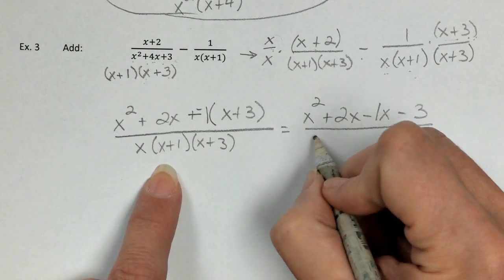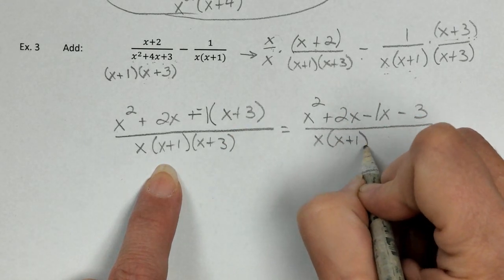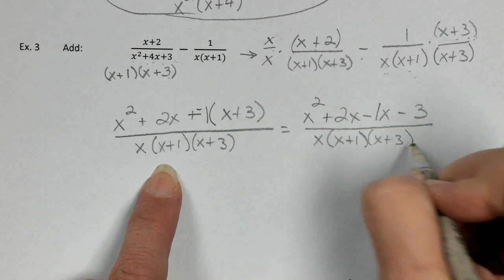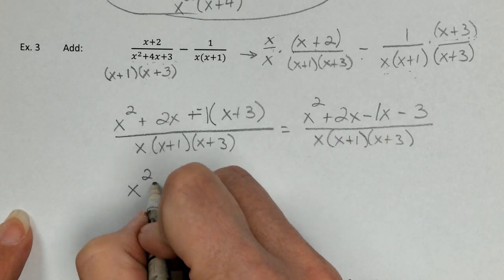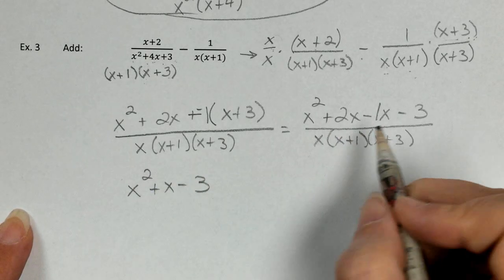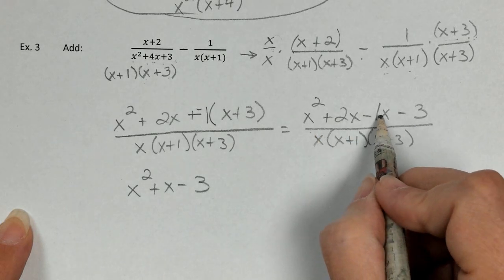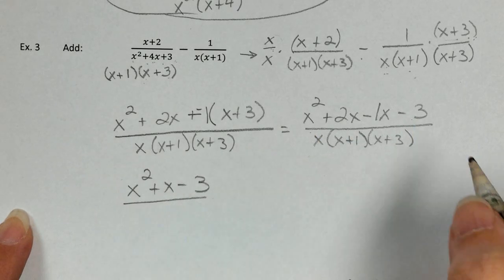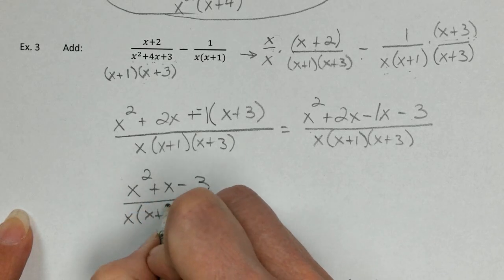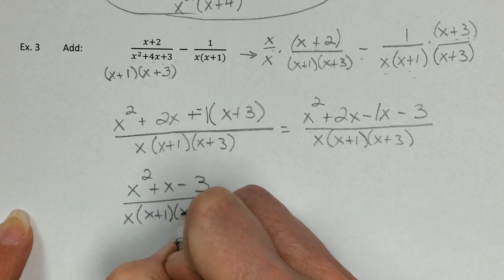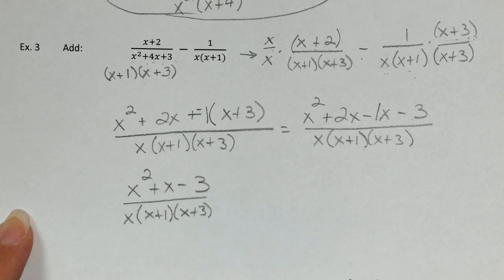And it's still over this denominator. Alright, I add my like terms. X squared plus x minus 3 over x times x plus 1 times x plus 3.